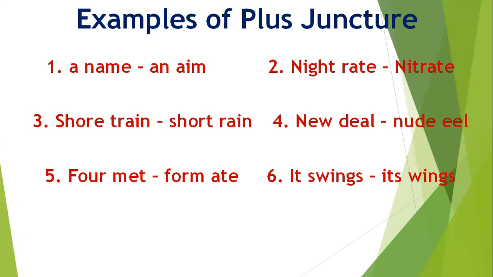So again, if you could notice, the pauses are happening after the first word of the phrase, just like what I mentioned earlier. So a name, you pause after the word a, and for an aim, you pause after the word an. And then we have another example, new deal. You pause after the word new, and for nude eel, you pause after the word nude.